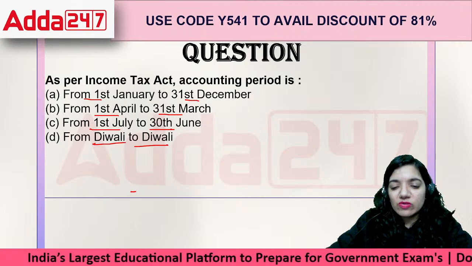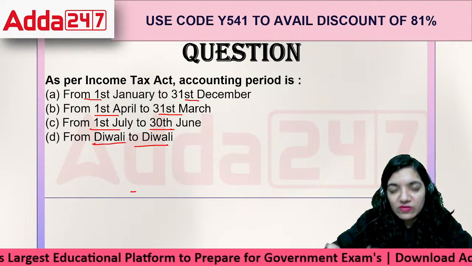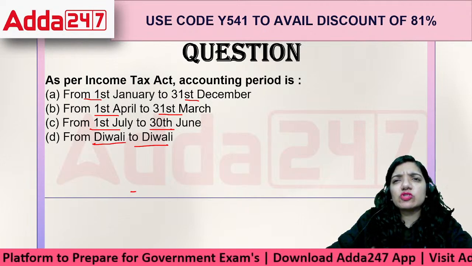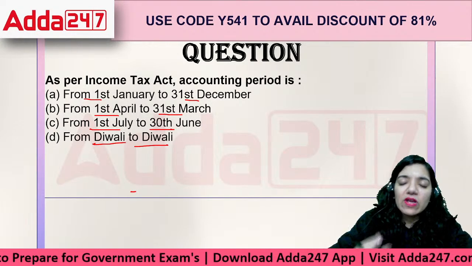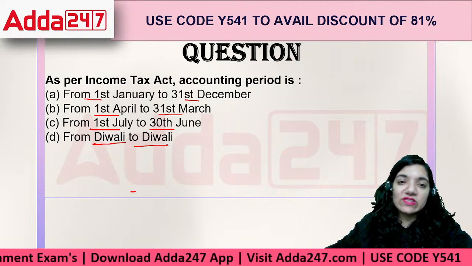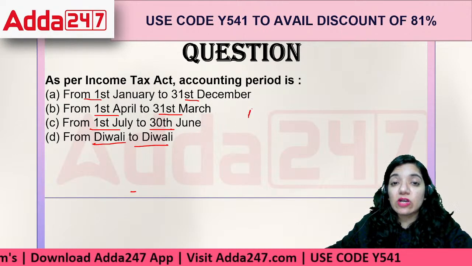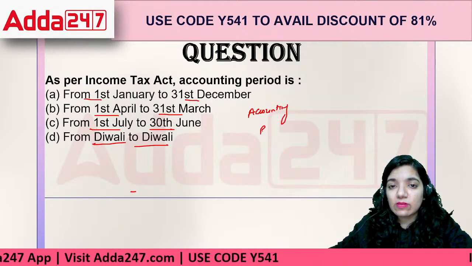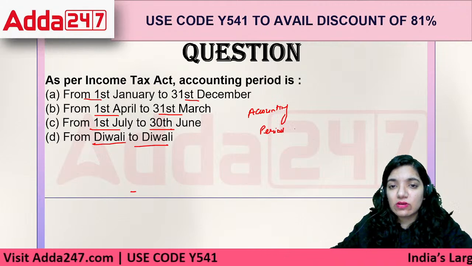There were some people who would start it from 1st of January to 31st of December, and then there were organizations which would start on the basis of their gods and goddesses, right? So overall, they started with a particular system called accounting period method.